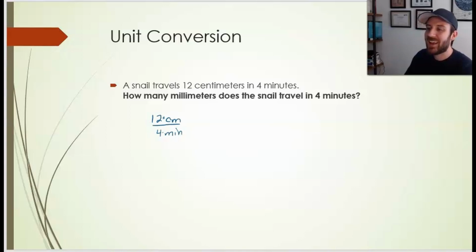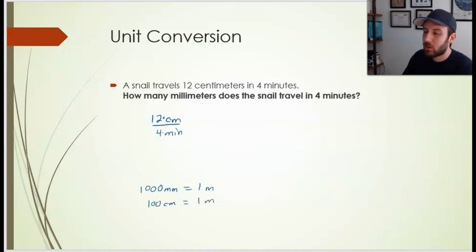So if it asks how many millimeters does the snail travel in 4 minutes, well, that's now interesting. I have the 4 minutes that I want, but I don't have millimeters. Well, let's do a little exploration. I know that 1,000 millimeters is equal to 1 meter. And I know that 100 centimeters is equal to 1 meter.